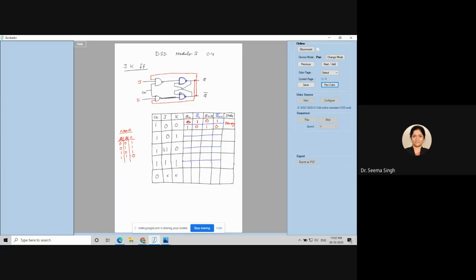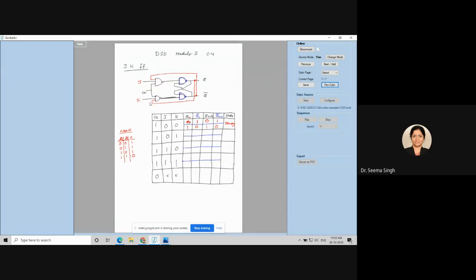Now coming on to the next one, when J is 0 and K is 1. If your clock is 1, of course, and J is 0, K is 1, when J is 0, it will force the output of this NAND gate to be 1.